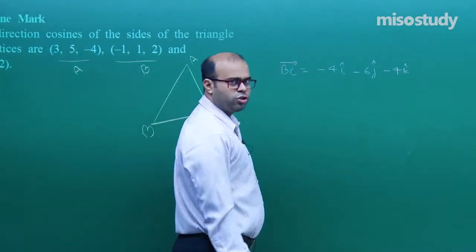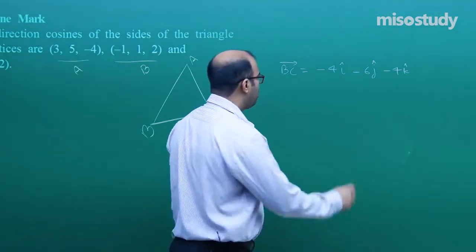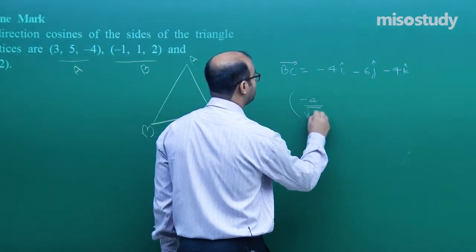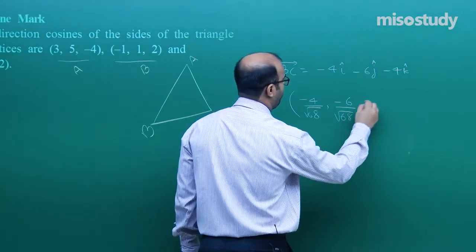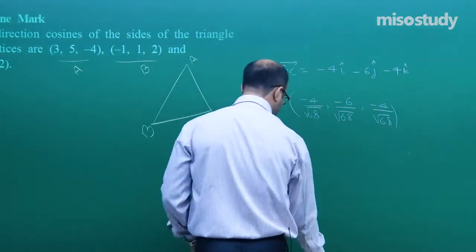Its modulus is also the same, 16 plus 36 plus 16 under root. So, we will get the direction cosines as minus 4 by root 68, minus 6 by root 68, minus 4 by root 68. So, this is for the other side.